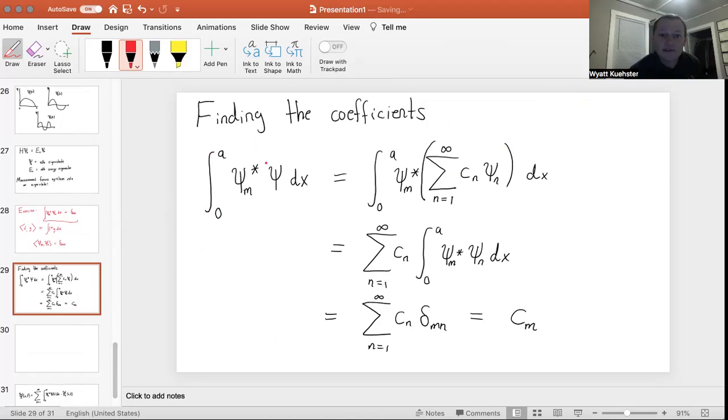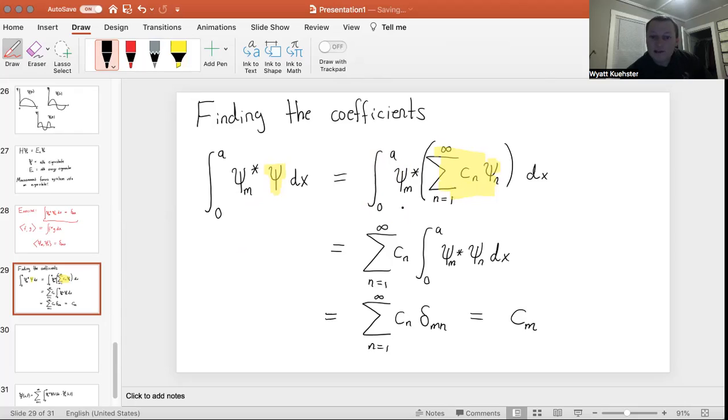First I write down the equation that expresses psi as a linear combination of the psi n's, and I'm only using the time independent part, because at the end I can just tack on the e to the minus iEt over h bar and I'll be good. So I take the time independent psi, I express it as a linear combination of the psi n's, then I multiply by psi m star, and I integrate over all space. In the case of the infinite square well, all space means from 0 to a because it's 0 everywhere else.